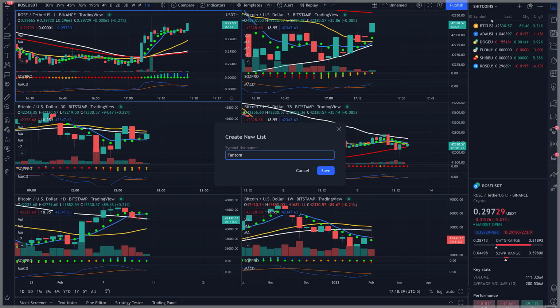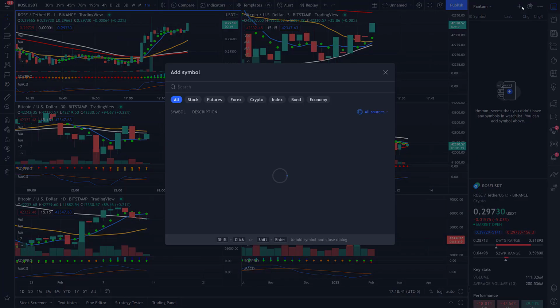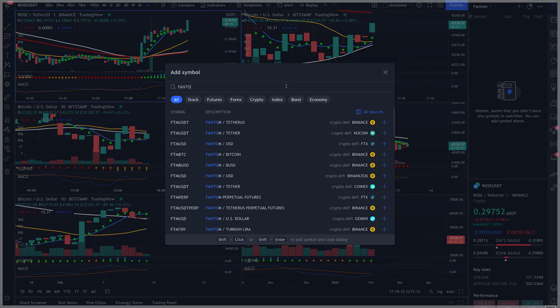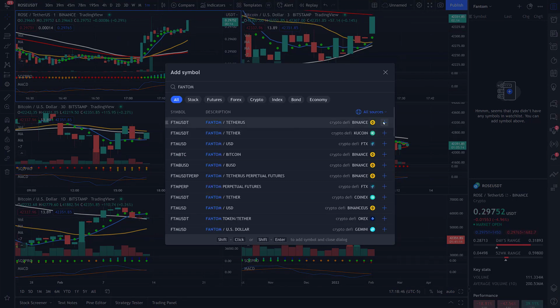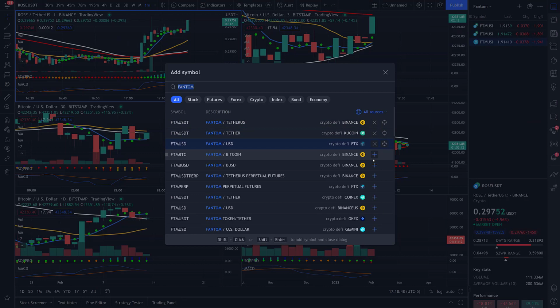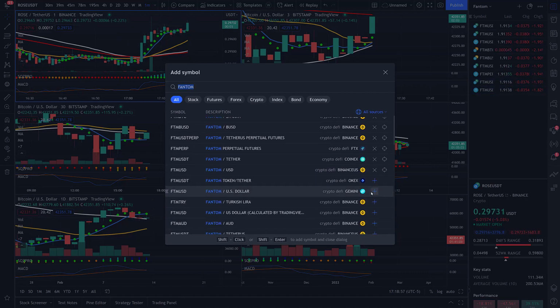Phantom. Okay, and what I realized here is Phantom's got so many different ways of calculating the price action, right? So you just want to add them all in there.